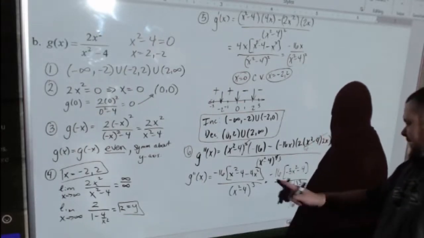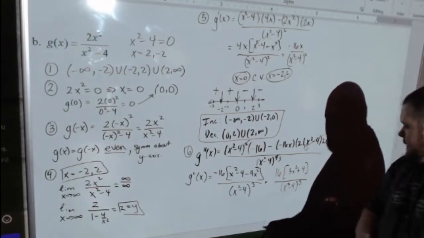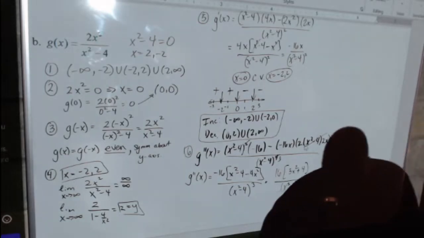And then everything's negative, and I have a negative out here, so I'm going to just make everything positive. Okay, so that's the second derivative.